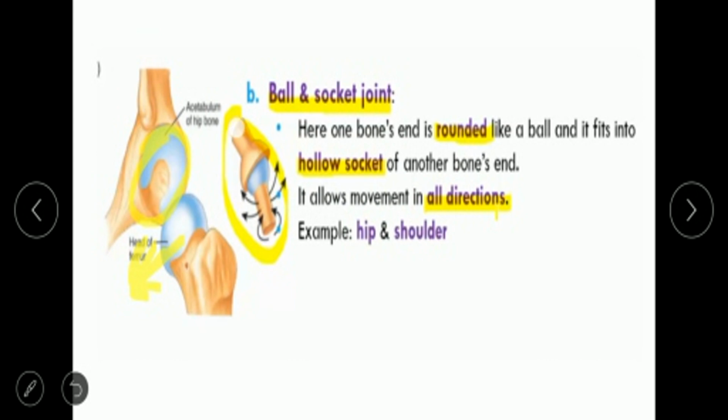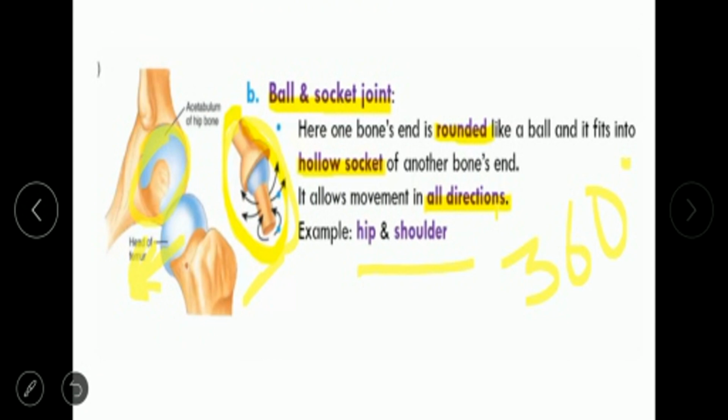It is able to move in all directions, that is 360 degrees. For example, your hip and shoulder. If you move your hip and shoulder, you can find that your bones are able to move in all directions, not only back and forth as we have seen in the hinge joint.